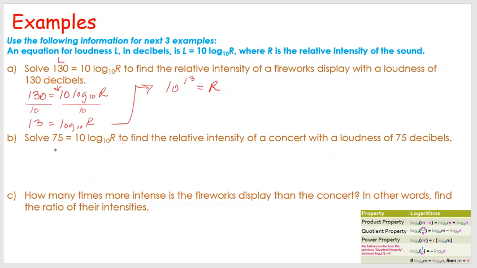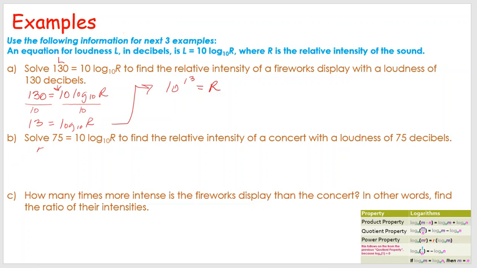Now we're going to do the same thing to find the relative intensity of a concert that's at 75 decibels. So obviously we know 130 is louder than 75. So we do know the fireworks are louder, which if you've ever been to a concert, I just find that hard to believe. But if you're standing right by the fireworks, I guess that makes the difference.